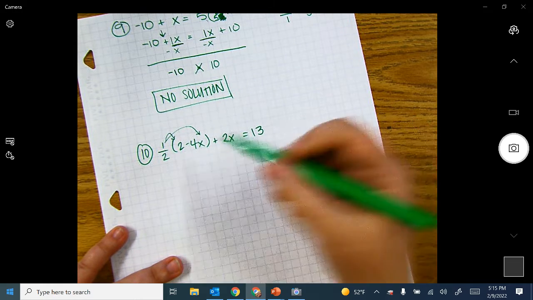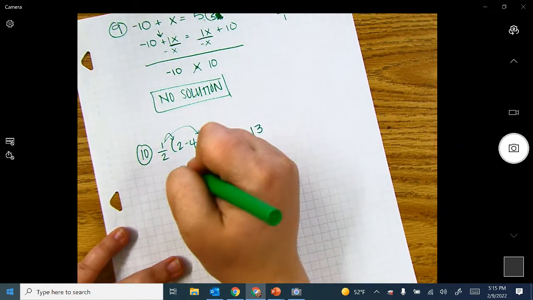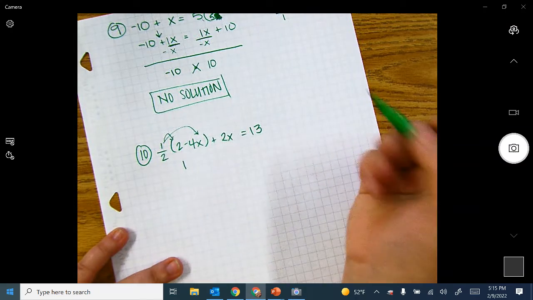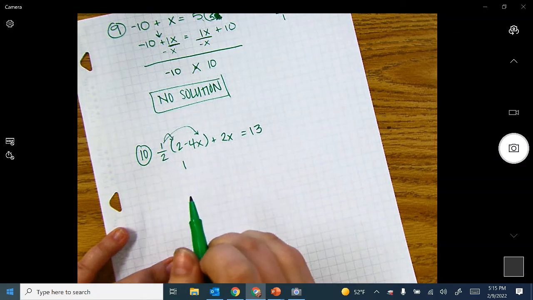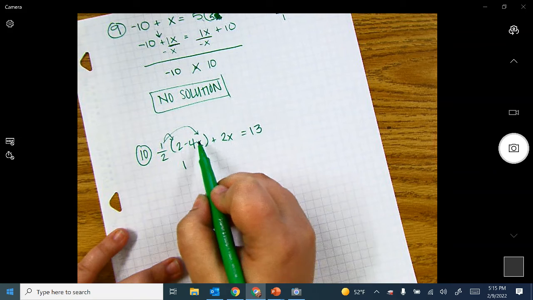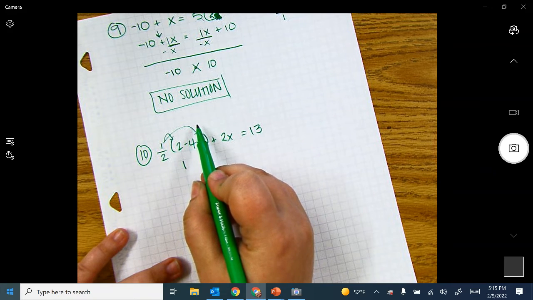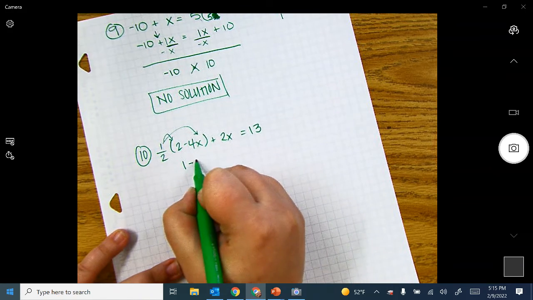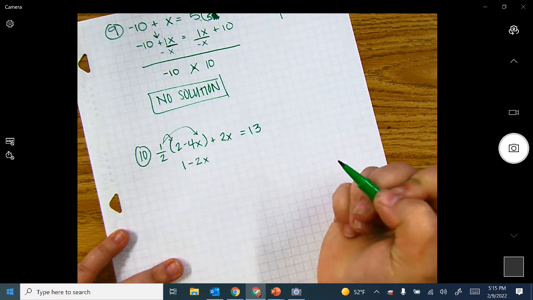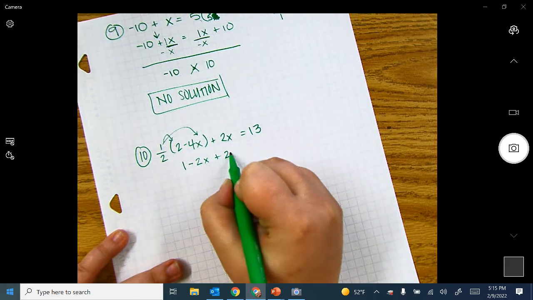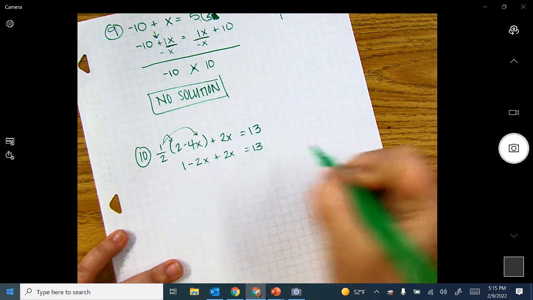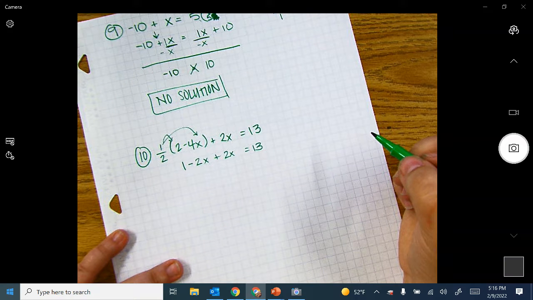Okay, so 1/2 of 2 is just 1. 1/2 of negative 4x, think about just negative 4, right? 1/2 of negative 4 is negative 2x. And I still have plus 2x is equal to 13. You know what?